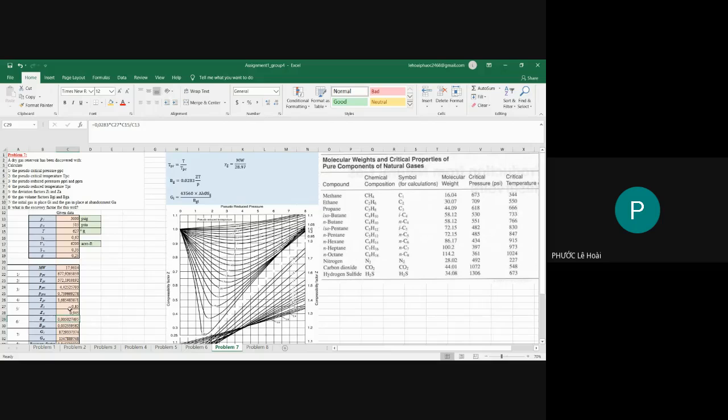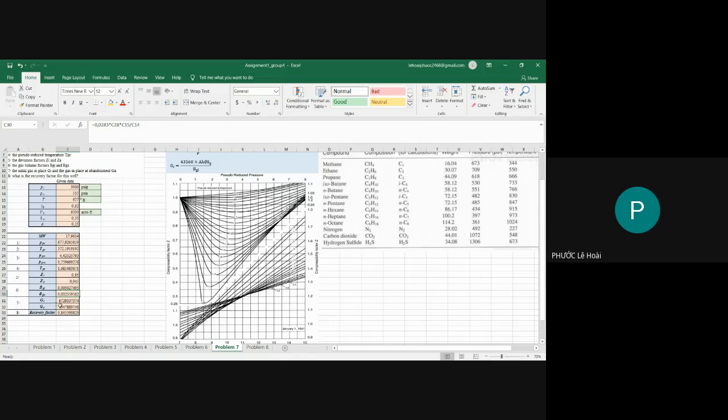For the BGI we will use the ZI, and for the BGA we will use the ZA. The temperature is the same, so we keep the temperature equal for both cases.